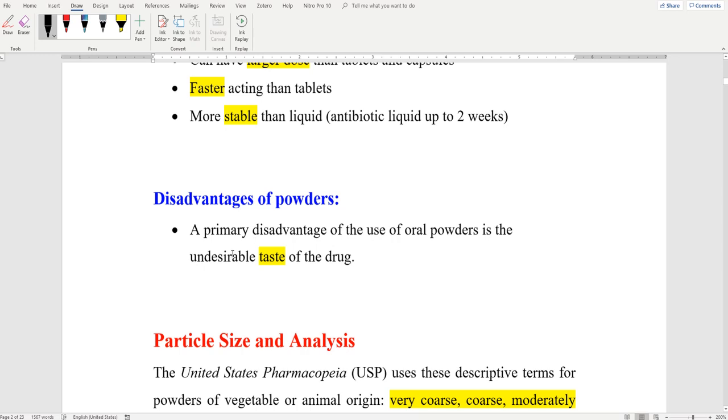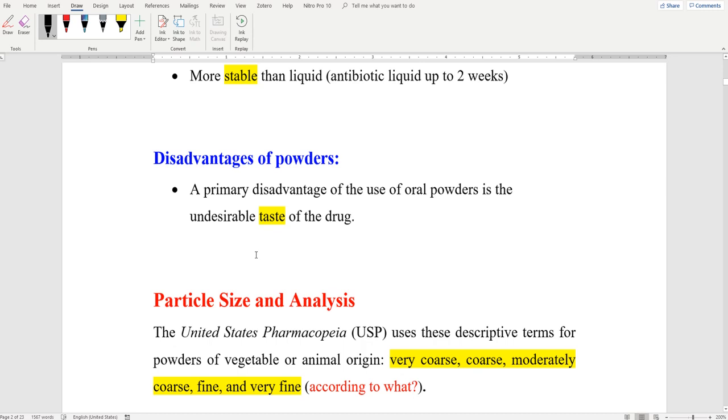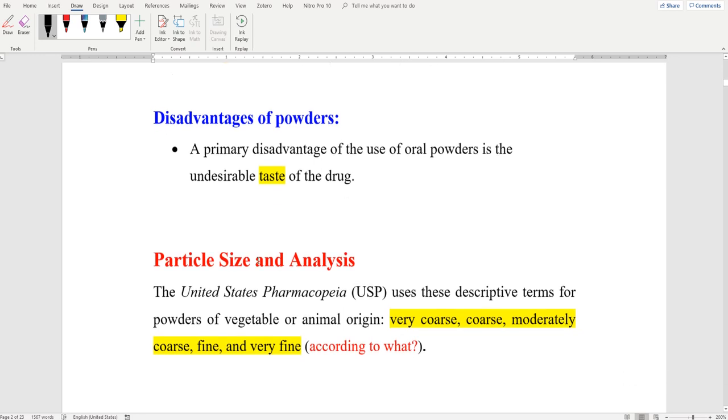Of course, you can add sugar, you can add other flavoring agents, but when you compare this, for example, to putting the drug inside capsules, the taste will be completely hidden inside the capsule shells, and the patient will not feel any of the drug taste at all. Yes, adding the flavoring agent and sweetening agent can reduce the problem, but still it's maybe not good enough as the case with capsules.